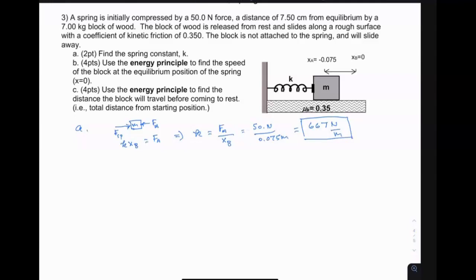So in part B, we're to use the energy principle to find the speed of the block at the equilibrium position. This is once the external force F sub A has been removed, and so the mass and spring can go back to the equilibrium position.